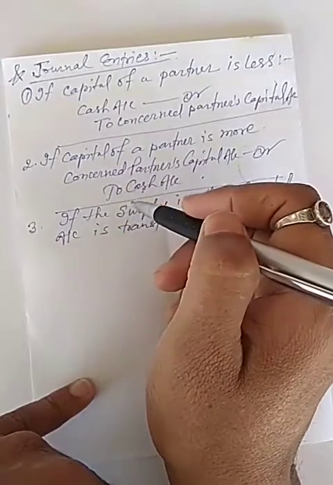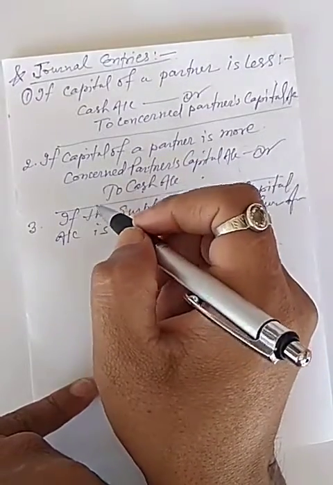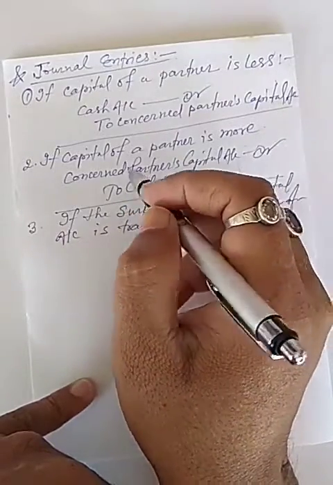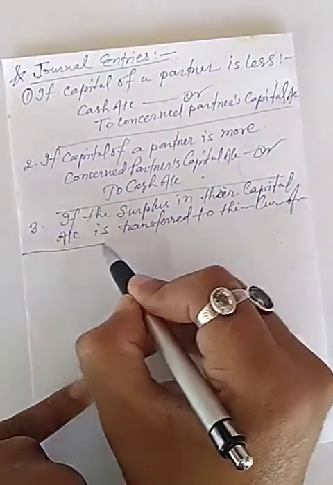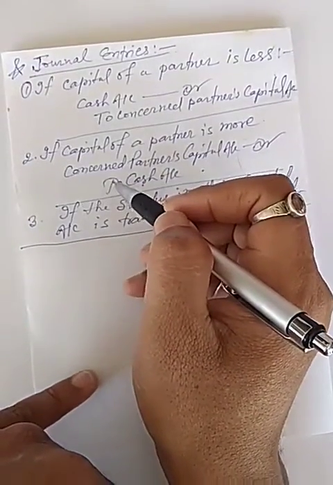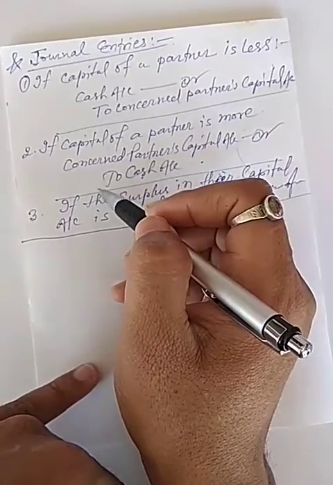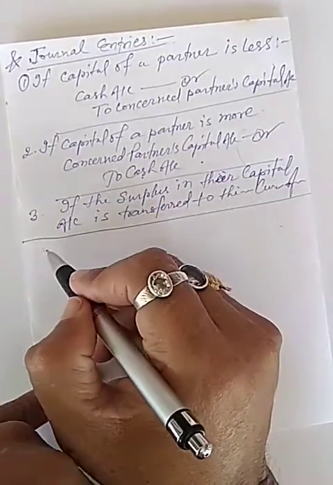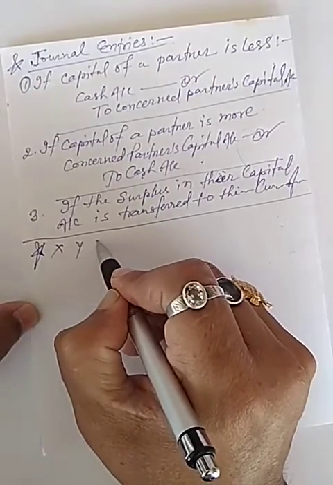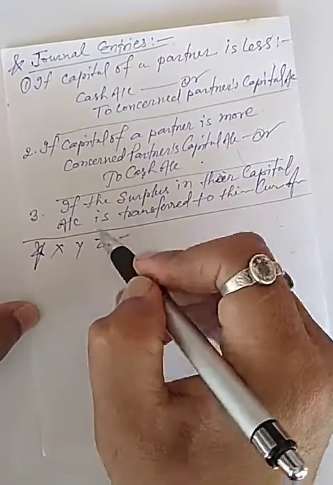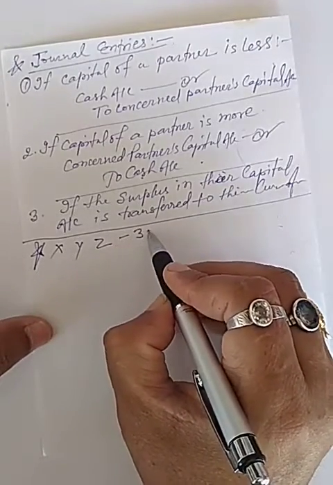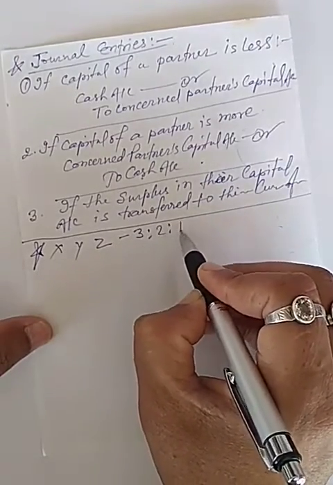Now I am going to solve some practical problems based on this topic. This is adjustment of capital. Suppose X, Y and Z are partners in a firm in the ratio of 3:2:1.